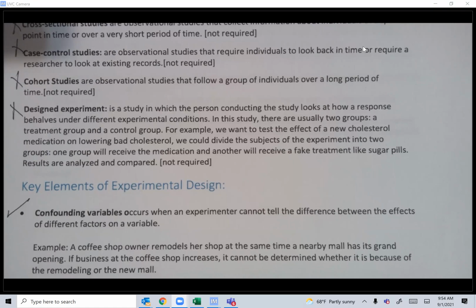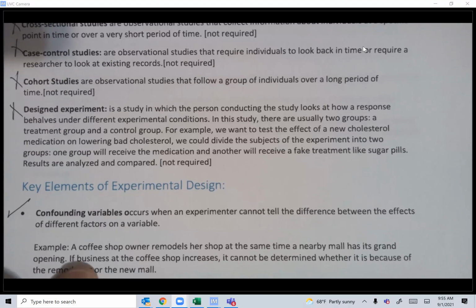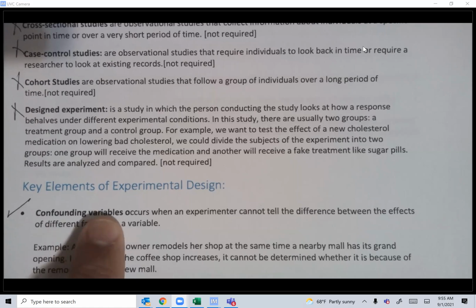The coffee shop owner did the remodeling thinking that this is going to increase the business. But if the business increases and there is a new mall that just opened there, you wouldn't be able to tell if the increase in business revenues is due to the remodeling or for some other reasons, just because the new mall has opened. And when there is a situation like that, it's called a confounding variable.